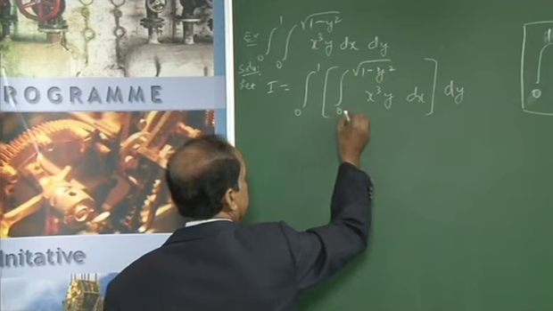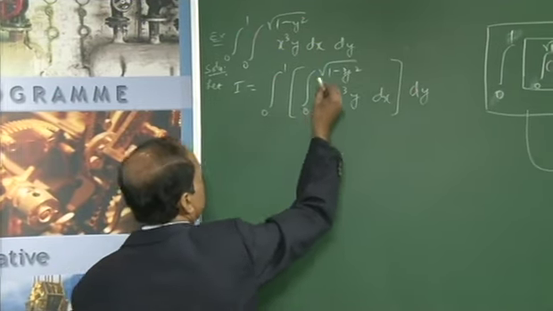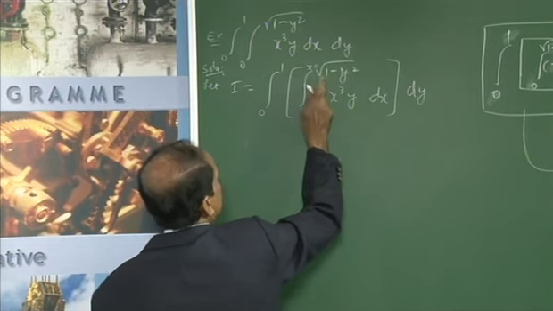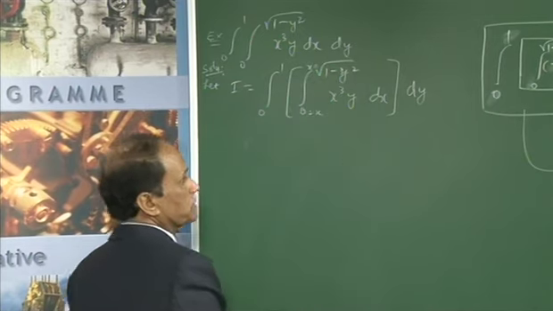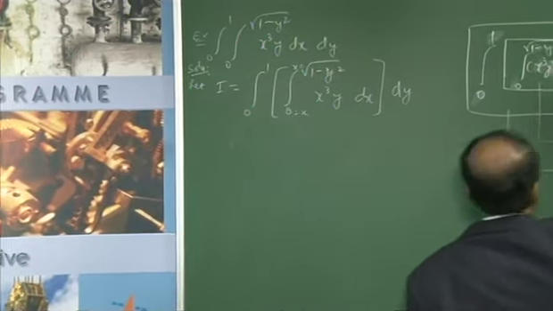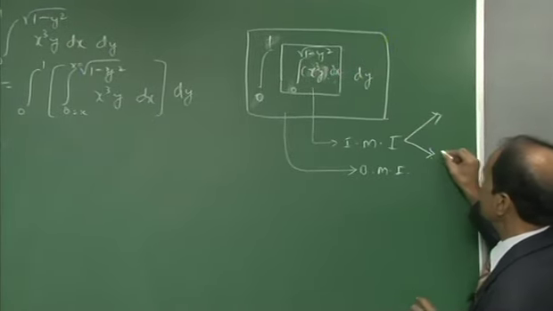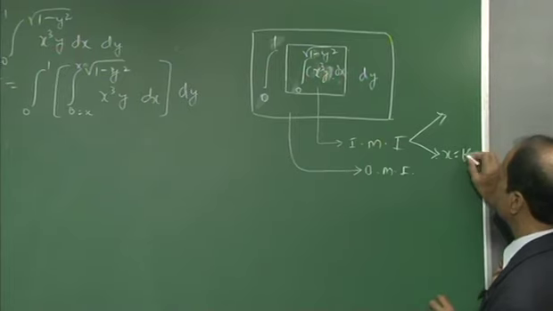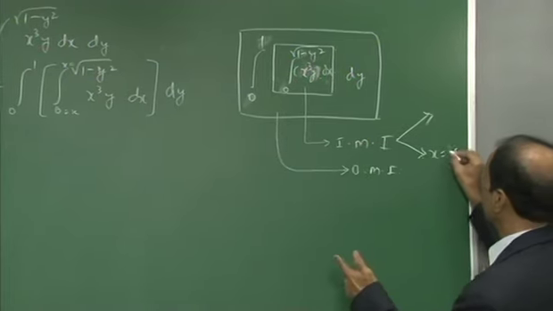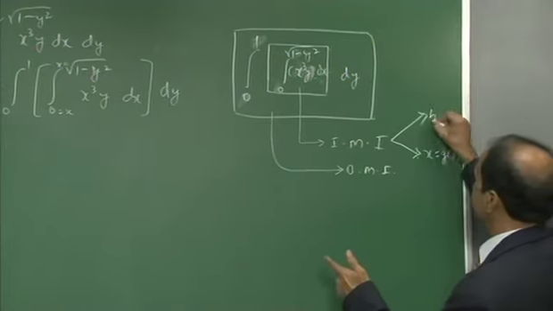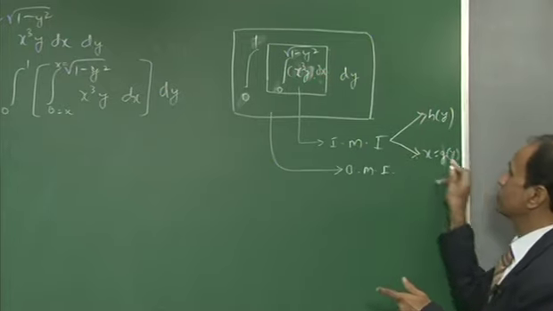That means here x equal to 0 and x equal to square root of 1 minus y square. In the case of the innermost integral, x takes the functions g of y and h of y, since f is already used. It is a function of y.